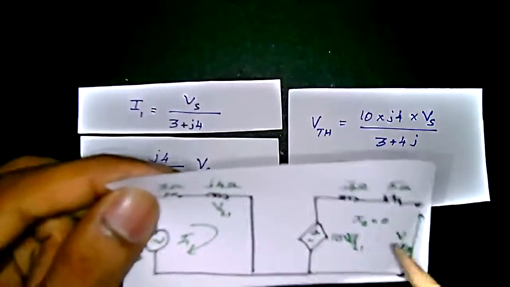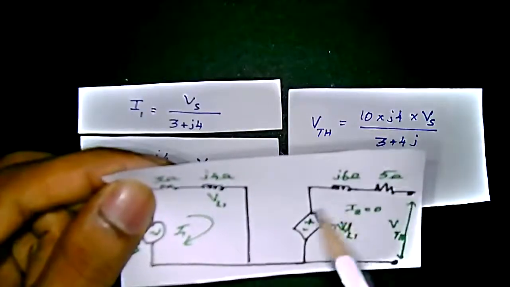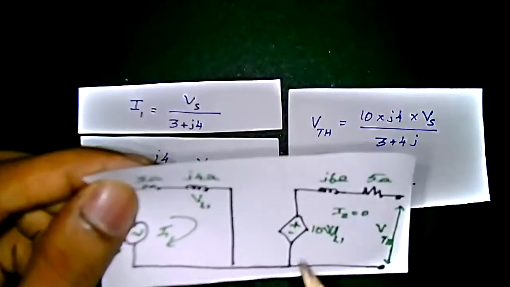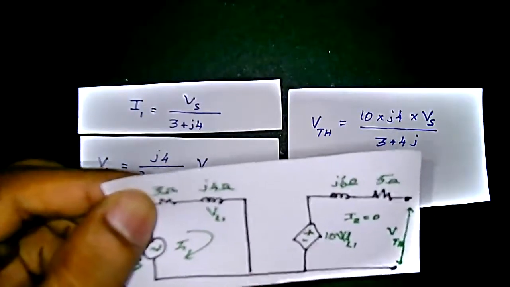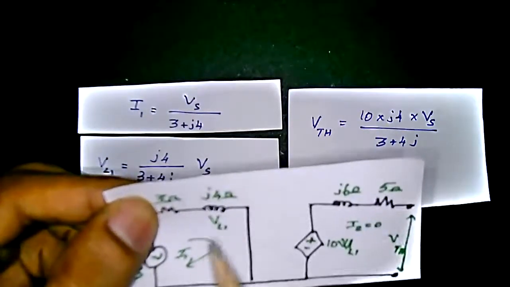So we have to find the voltage across this dependent voltage source, which depends on the voltage across this inductance.